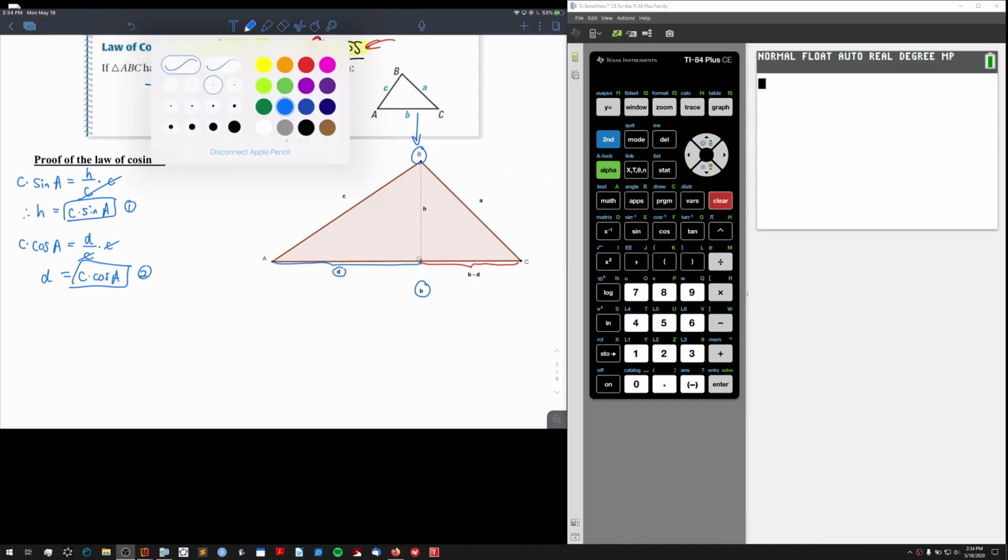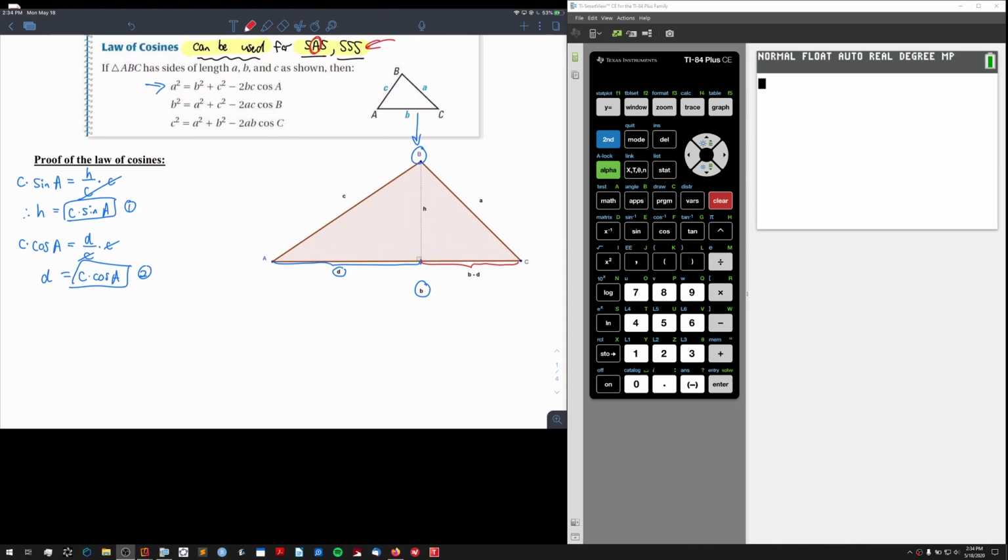That's very important. We're going to use this later. So I'm going to prove a little identity for you that you're going to need for pre-calc, and then we'll use that identity and this information to come up with the law of cosines.